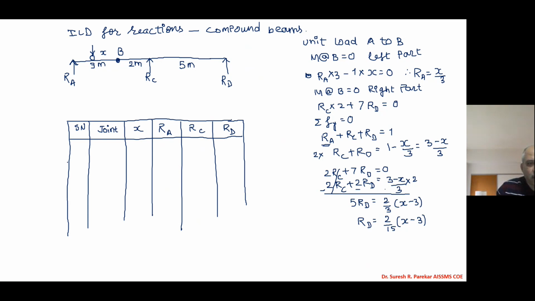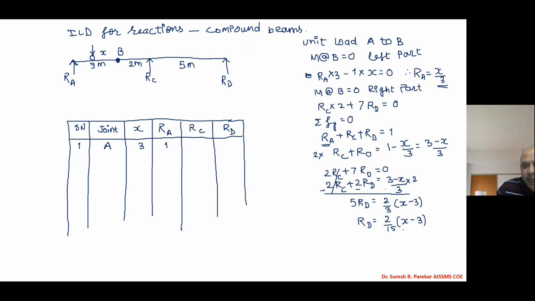So now first, serial number 1, joint we have A, x we have 3, and then RA we will get as 1, because we have RA equal to x by 3 here, and therefore we will get 3 by 3, 1.